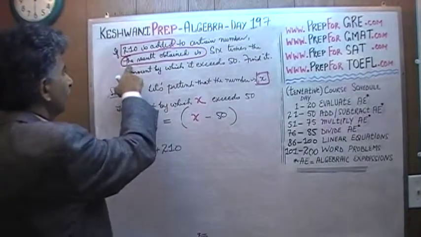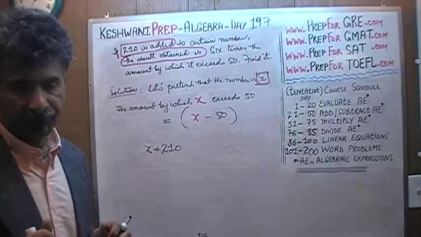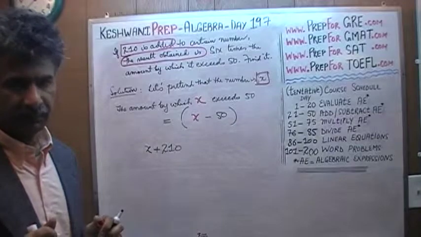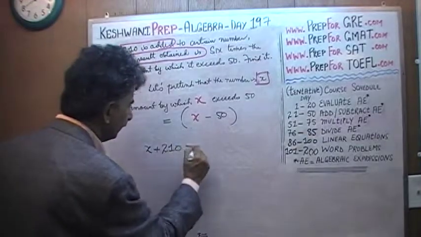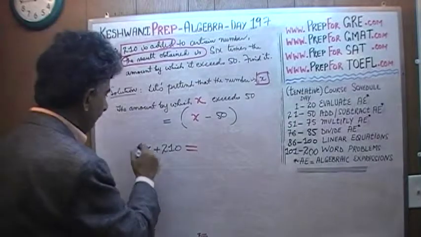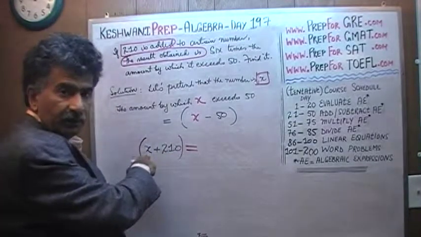These 4 words, the result obtained is, are simply translated in the language of mathematics as equals. Is means equals.